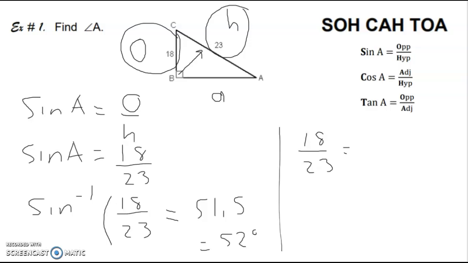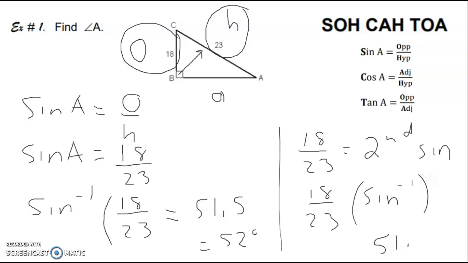And then you are going to hit second function sine. So you're going to have 18 divided by 23, and then you're going to type in that second function sine. And it will pop up 51.5. And then you can also round that one to the same 52 degrees.